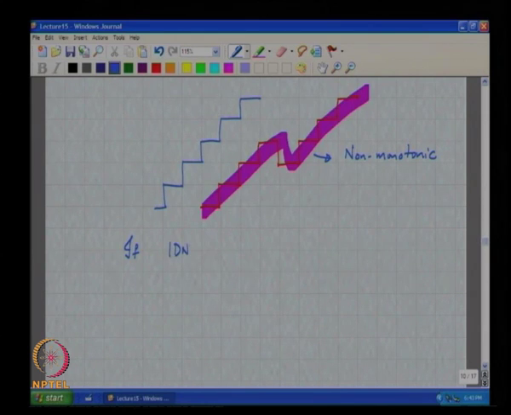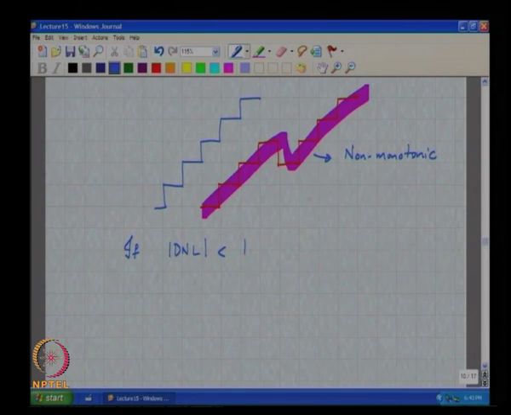If mod DNL is less than 1, then all steps exist and all step sizes are between 0 and 2 LSB, right, correct.